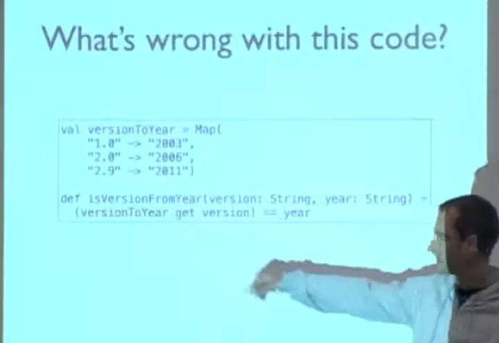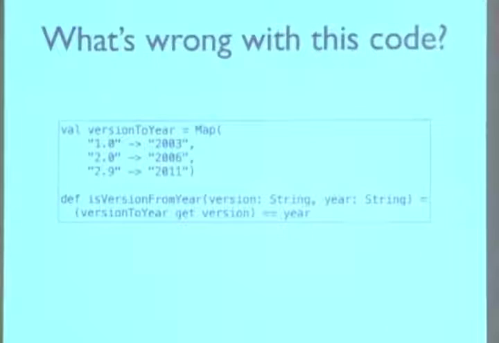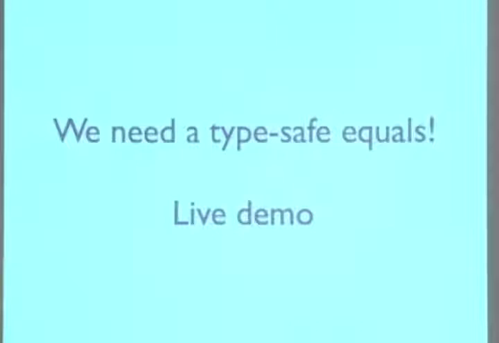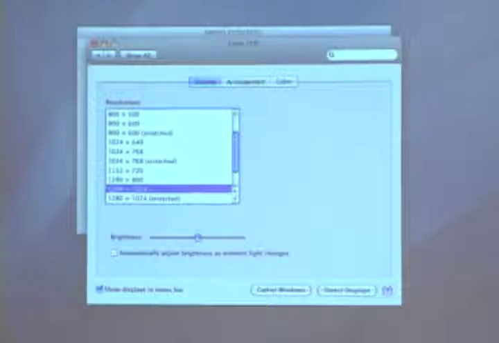And I have been working with Scala for some years now in real-world projects, and things like that happen all the time. We cannot blame Scala for that because this equals has to be the Java equals in the end. So what we would like to have here is a type safe equals. And now I will show you how we can achieve that.